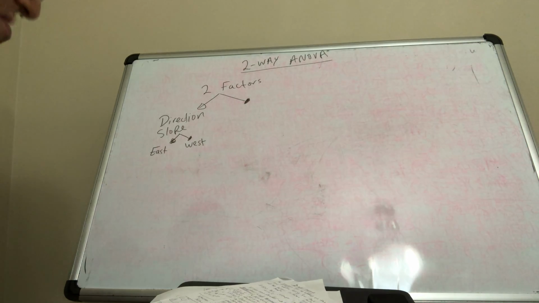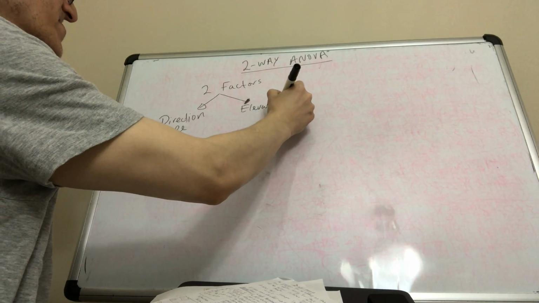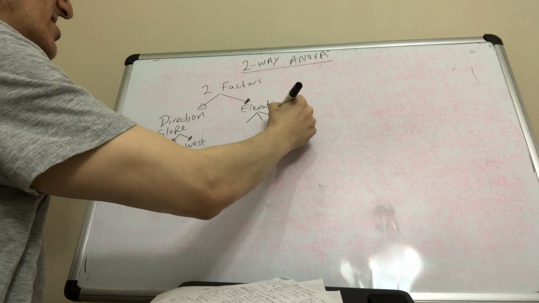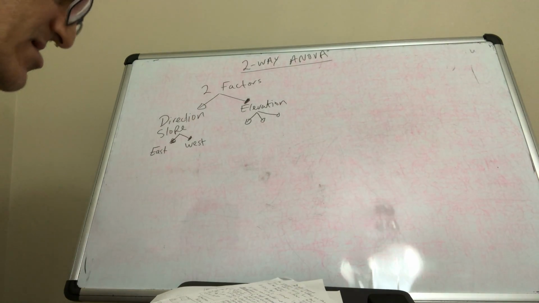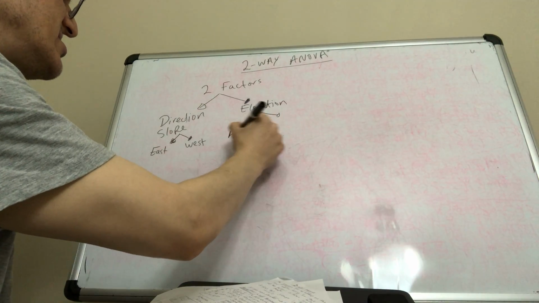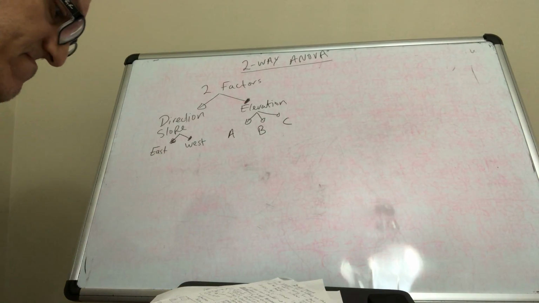The other factor was elevation, and they had 3 different levels: elevation A, elevation B, elevation C.